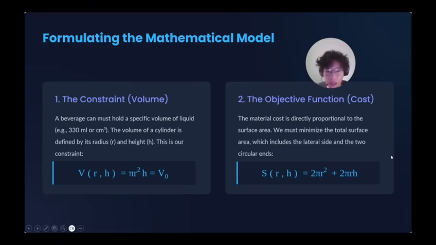So this formula covers the lateral side wall and the two circular top and bottom ends of the cylinder. With our mathematical model fully built, we will apply these formulas to the 330 milliliter beverage can and calculate the optimal size in part 3.